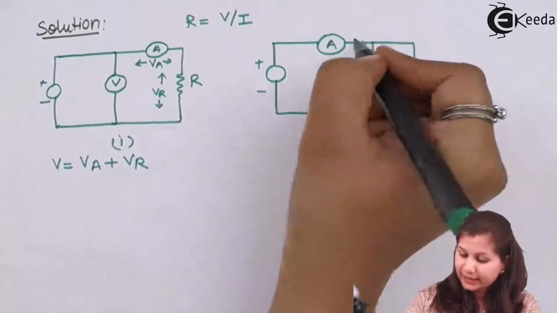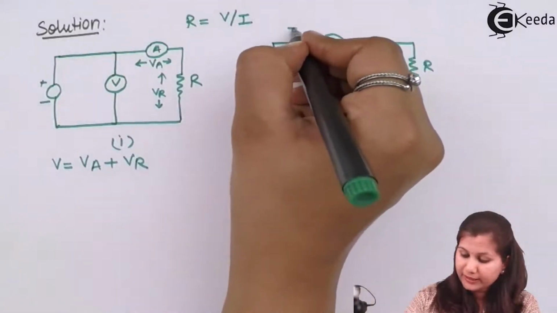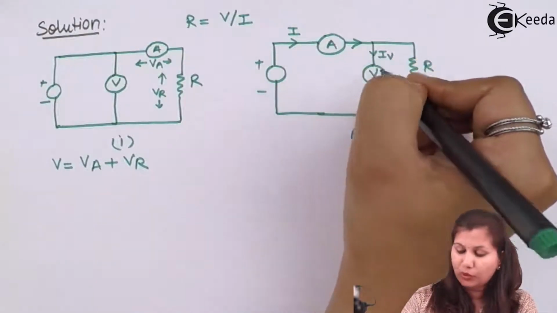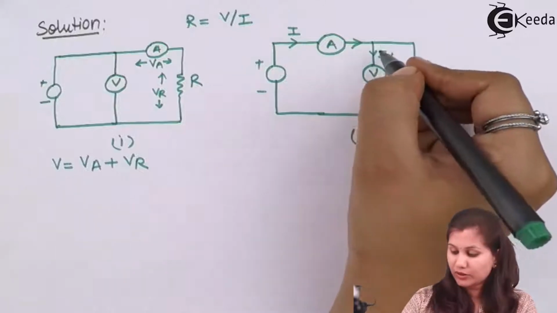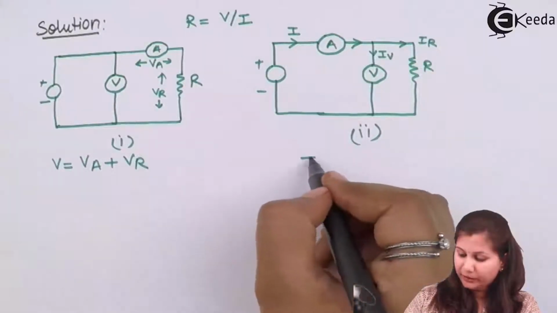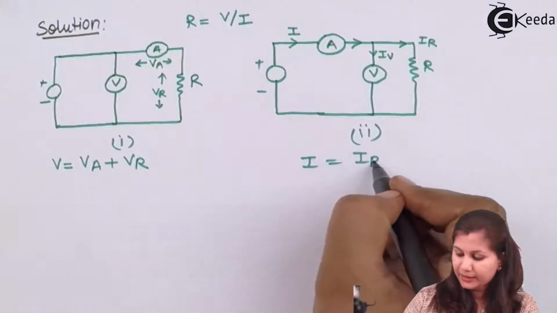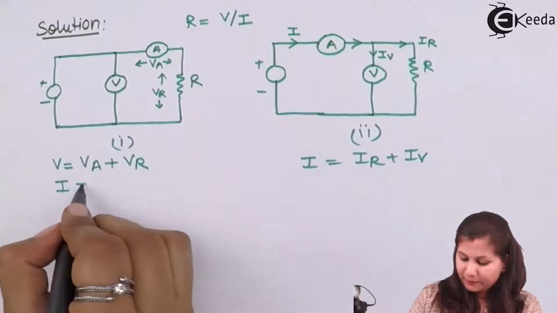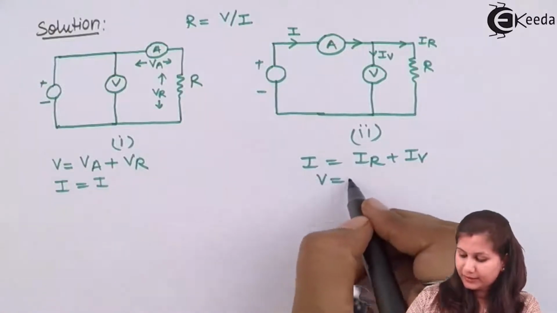And in the second case, the total current is I, but here we have IV, the current across the voltmeter, and the current across the resistance. So I will be equal to IR plus IV. I remains the same here, and V remains the same.